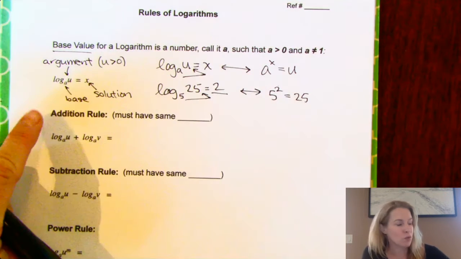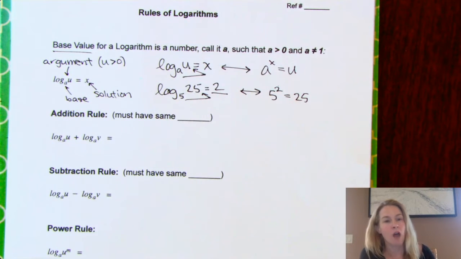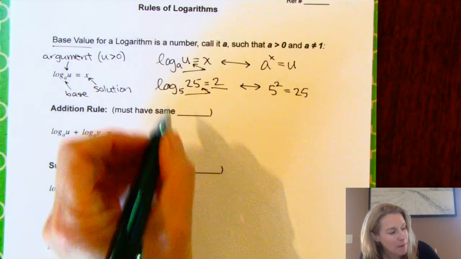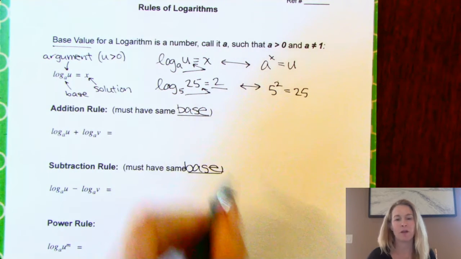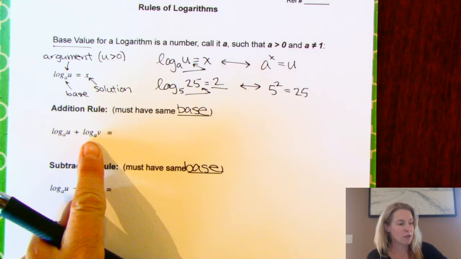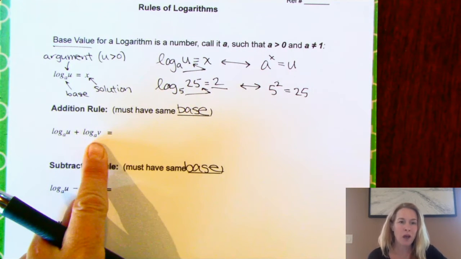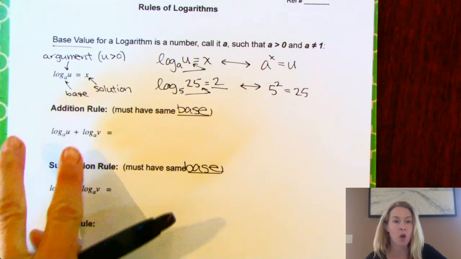Next, we have the addition rule and the subtraction rule to review. In both cases, the logarithms must have the same base. All right, so log base a of u plus log base a of v. We can combine these as one logarithm because they have the same base and because they have the same coefficient out in front.